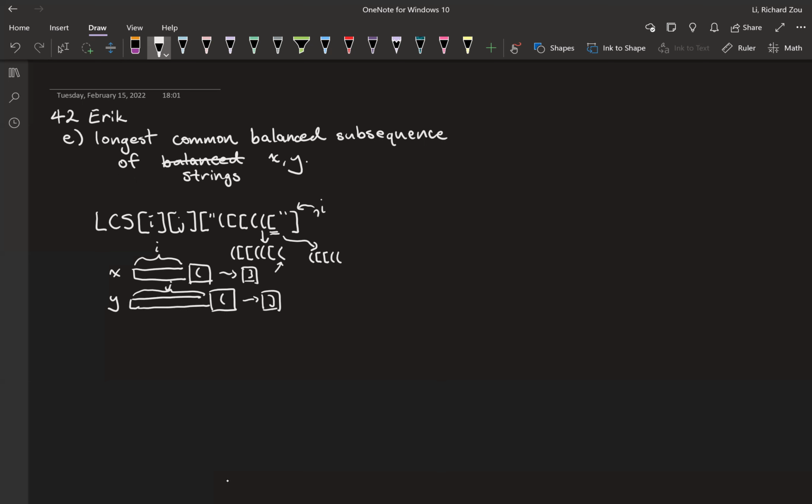So there might be 2 to the i states, or well, 2 to the n states here. So there might be some way to optimize this, which I'm not thinking about right now, or some way to optimally think about the runtime that I'm also not thinking of. But this is the first idea that I'm getting for solving this problem.